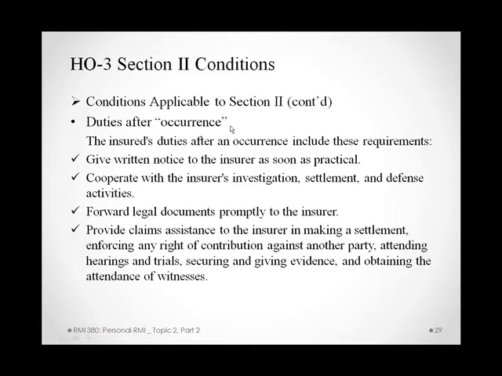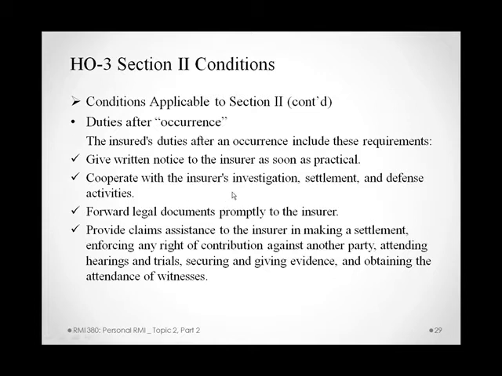The duties after occurrence under Section 2 are very similar to Section 1 duties in that you also have to give written notice as soon as possible. You need to cooperate with the insurance company's investigation and settlement.